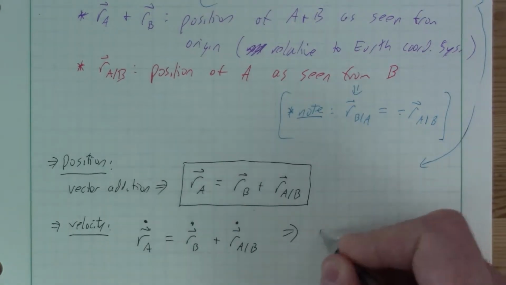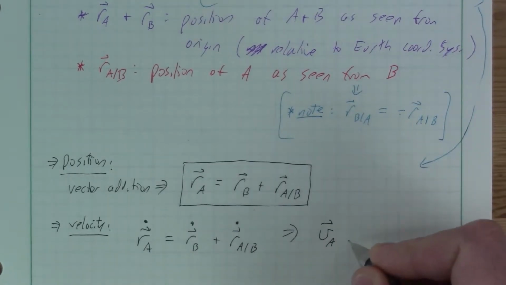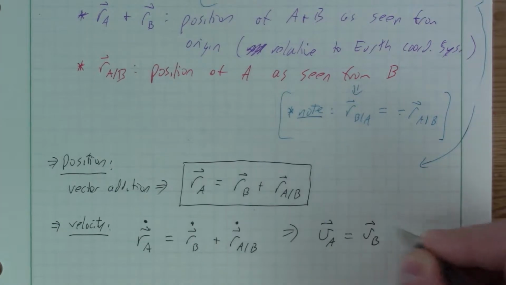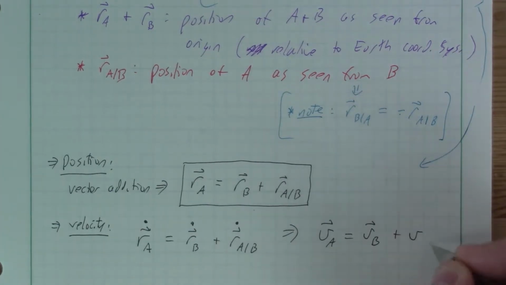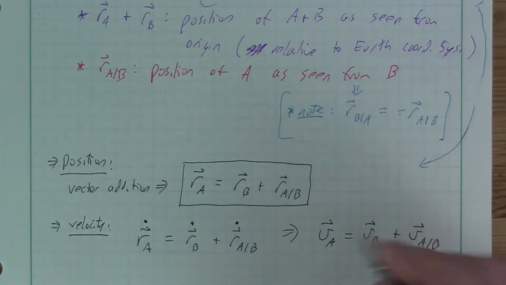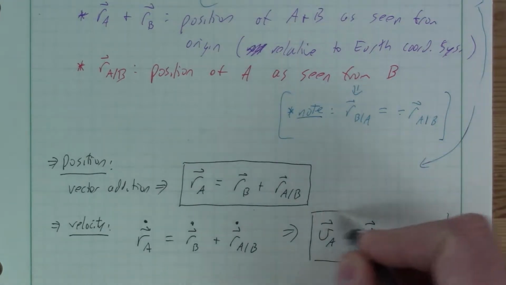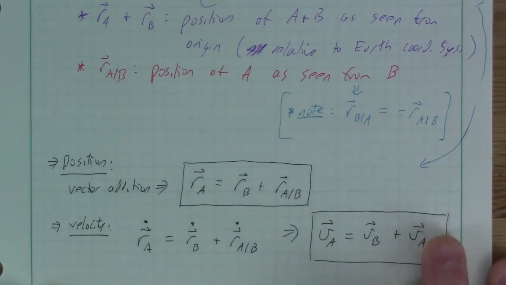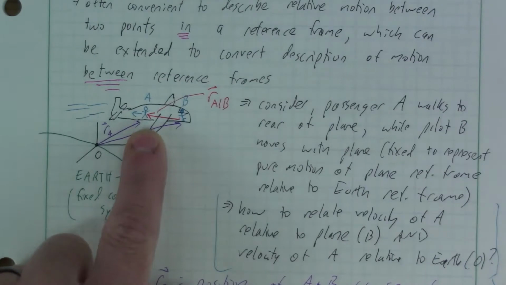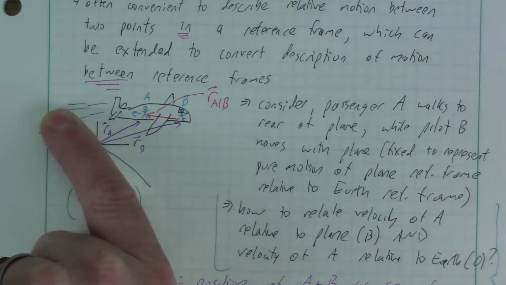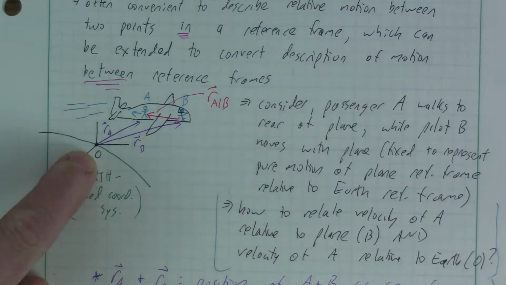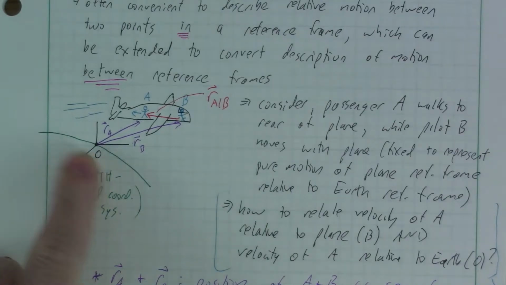Or, better said, if we want to know the velocity of A, we just take the velocity of B vector and add on the relative velocity. So this is the velocity of A as seen from B, which might be different, right? Here, the velocity of A with respect to B is straight backward, right?